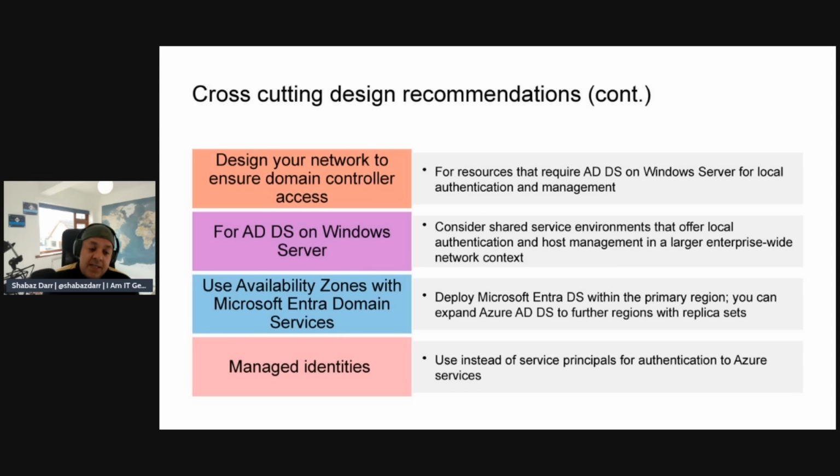Make sure you use availability zones with your Entra Domain Services as well. So deploy Entra Domain Services within the prime region. You can also expand that to further regions with replica sets as well. And from a managed identities perspective, the recommendation is to use this instead of service principals for authentication to Azure services as well.